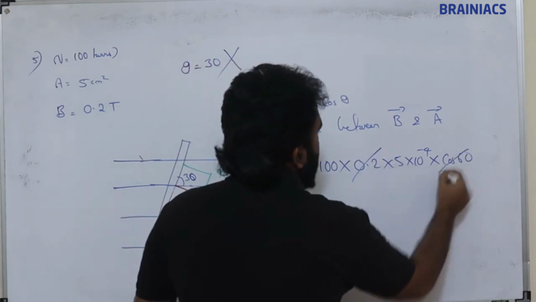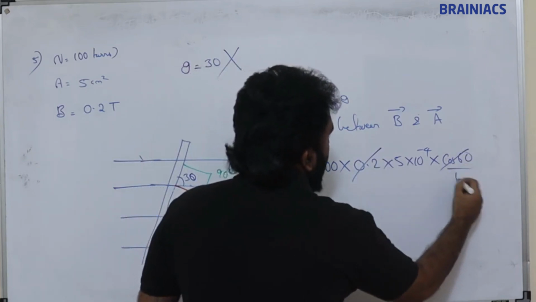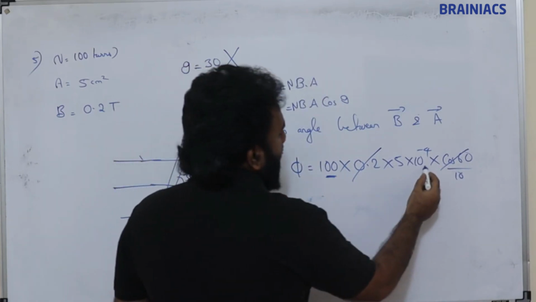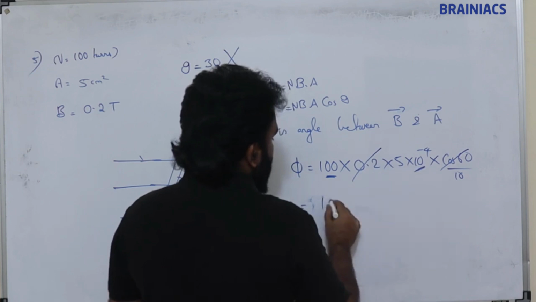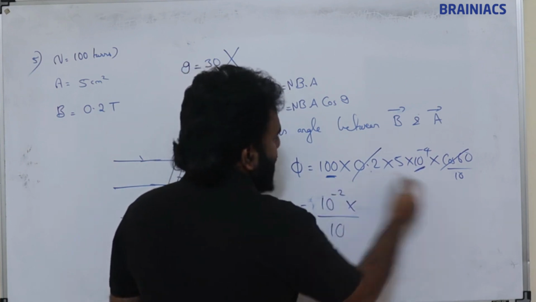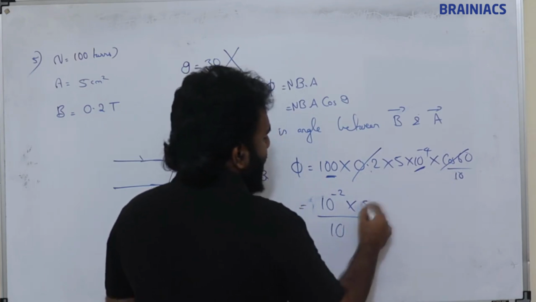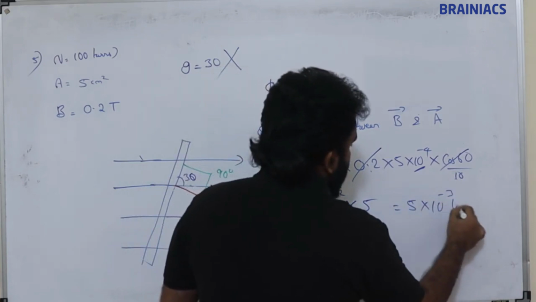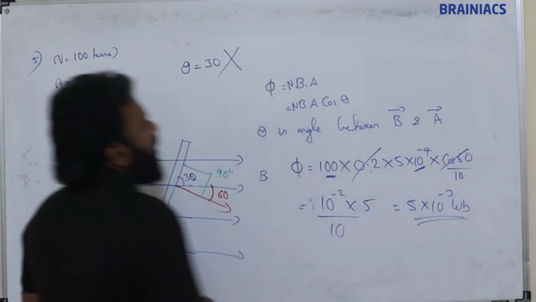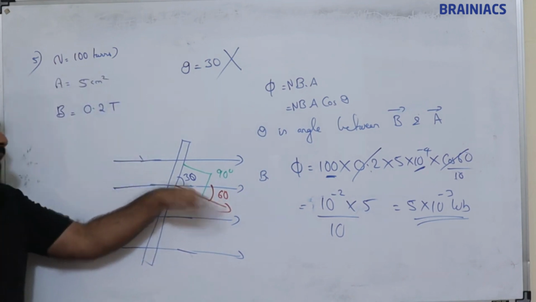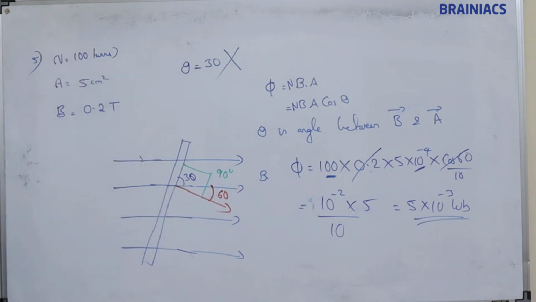If we cancel, this will become divide by 10. So this is equal to 5 into 10 raised to minus 3 Webers. This is the answer. While taking the angle between magnetic field and area vector, we have to be careful. That is the learning of this question.